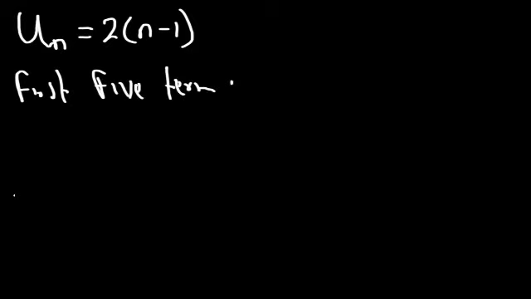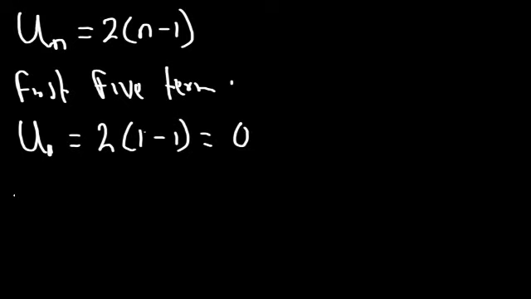Terms of the sequence. So u sub 1 will be equal to 2 multiplied by 1 minus 1. This should be equal to 0, since 1 subtract 1 is 0. Then u sub 2 should be equal to 2 in the bracket of 2 minus 1, which gives 2.